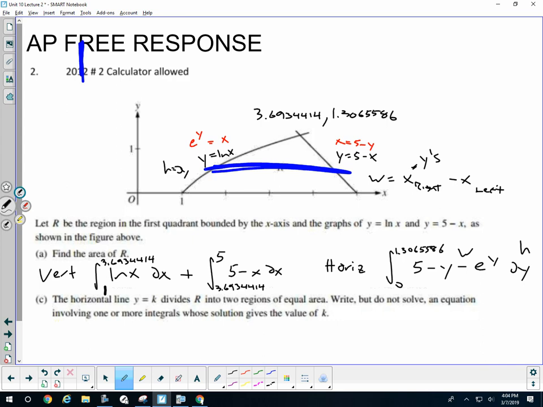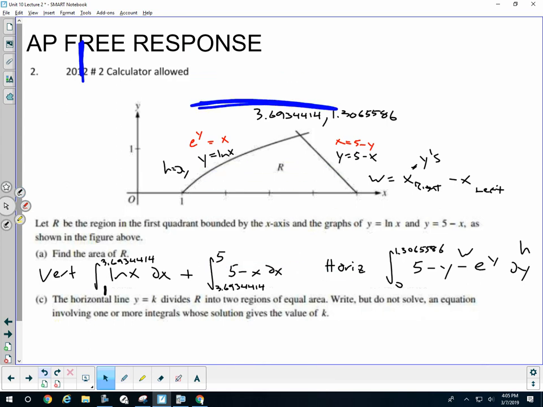Now, if you were not comfortable doing horizontal rectangles, you are not going to be able to get part C. Part C says the horizontal line y equals k divides the region R into two regions of equal area, but do not solve an equation involving one or more integrals whose solution gives the value of k.